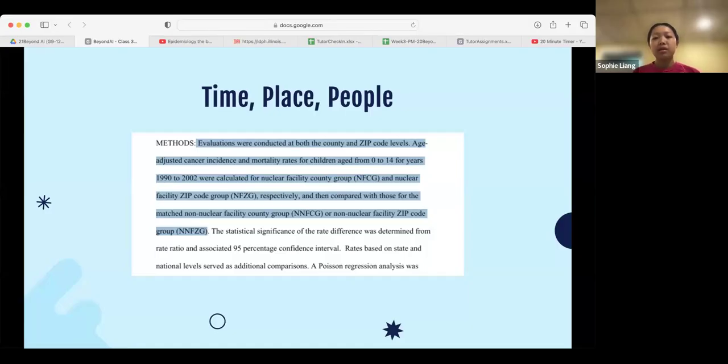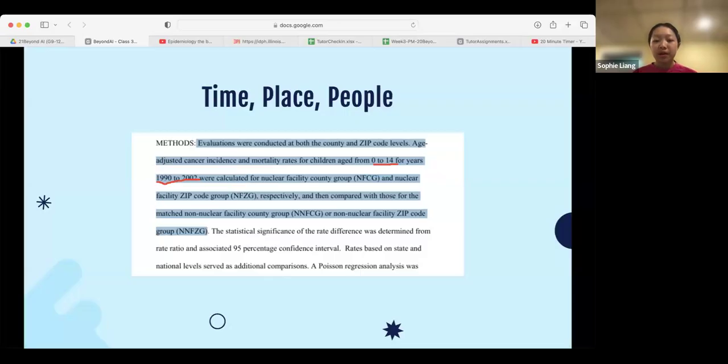The time and the people should be pretty easy to find. And someone just take a guess. Yep. So 1990 to 2002, that is the time that happened. Yep. And then children aged from 0 to 14 years. That is the people. Okay, great.